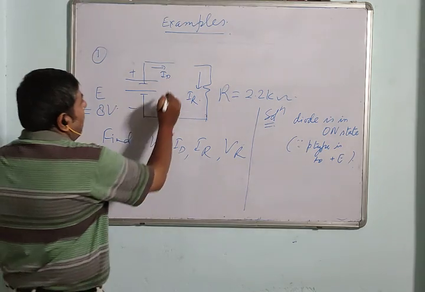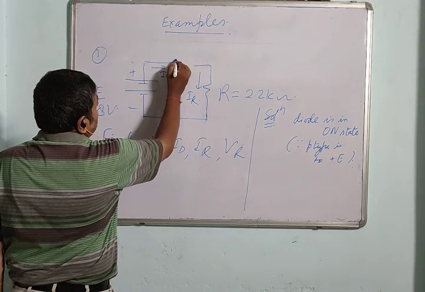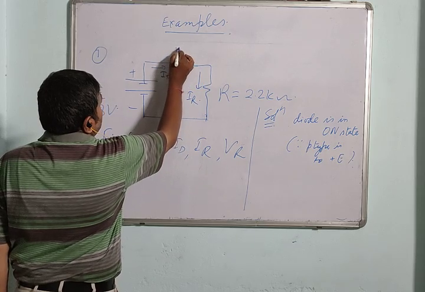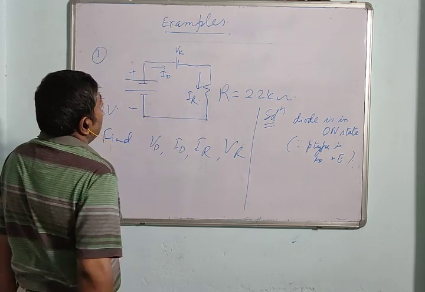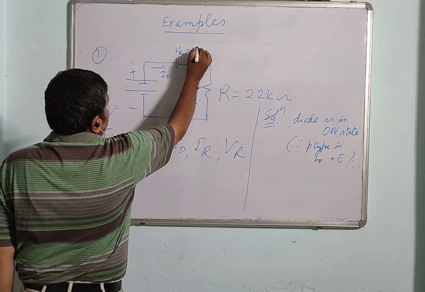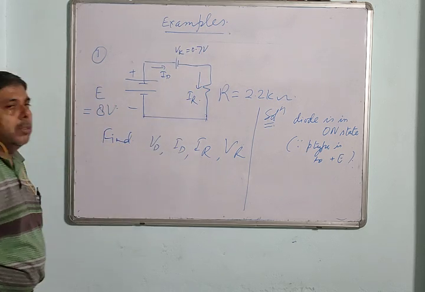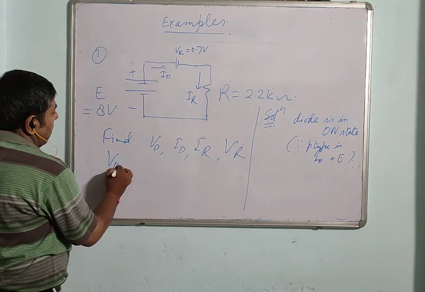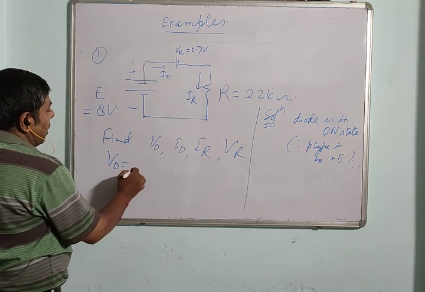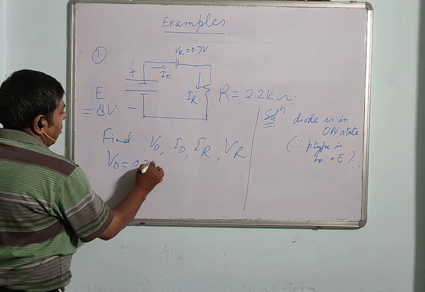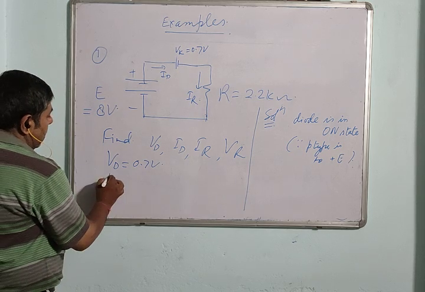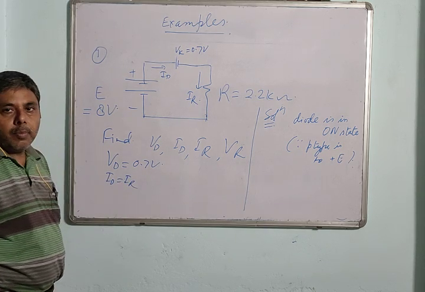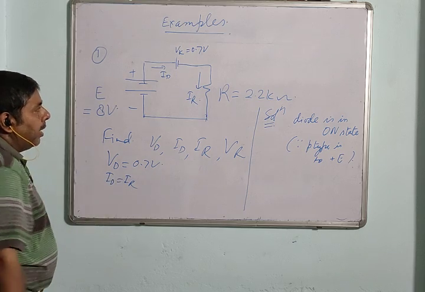Suppose this is the drop, here a battery of on state. Suppose this is VD, and obviously for silicon diode this is 0.7. Then what is Vd? Drop across diode is 0.7 volt. What are these two currents? Id and IR.